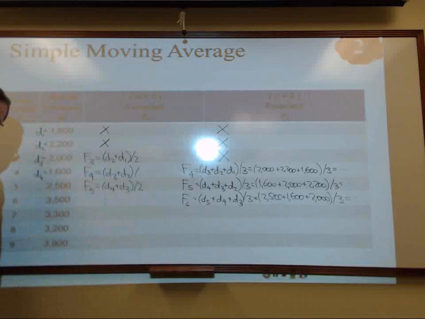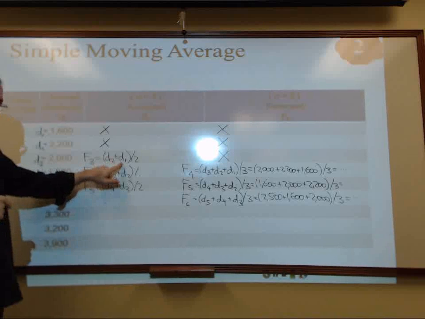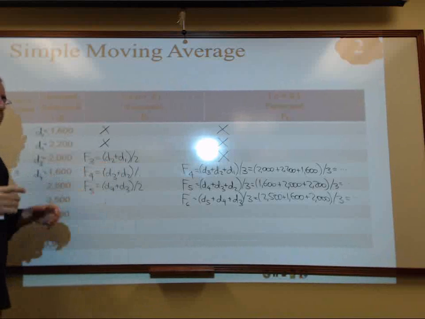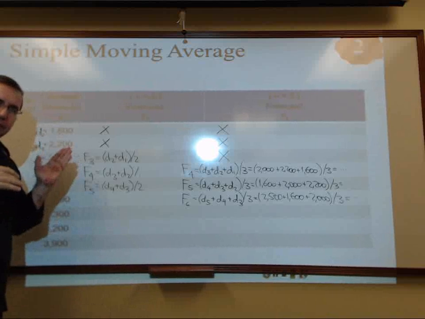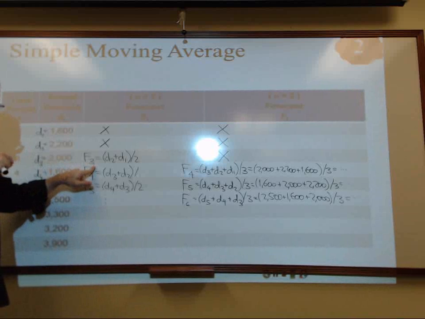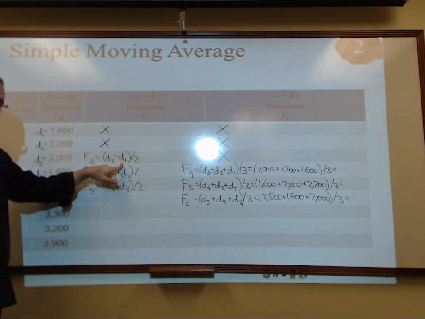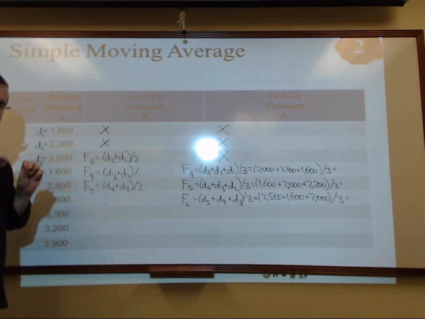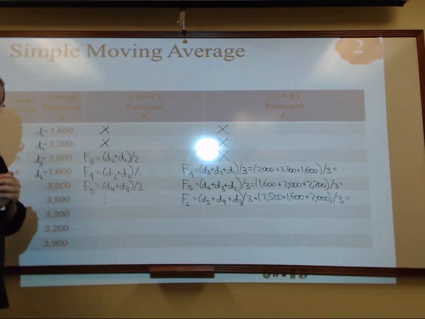Now, one assumption in simple moving average is that every period that you use in your forecast is equally relevant to the future. So if we're looking at period 3, we say period 2 and period 1 are equally similar to period 3.